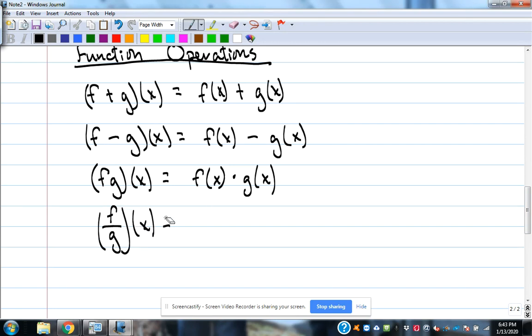And that just means whichever one is listed on top, that's the function that goes on the top. The function that goes on the bottom is on the bottom. So you take the two functions and you divide them. Usually you just stack them up in a fraction and that's all you do. And then you find the domain out of that. So we're going to look at a couple of different functions here and do all four of these operations with it. Okay.